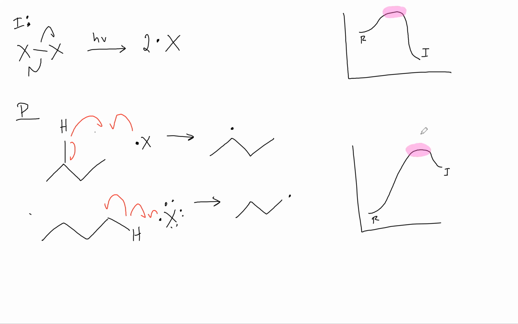So do you guys remember something we talked about a little bit earlier about how whenever we have a transition state, it's going to resemble whichever product or reactant it's closer to. We talked about this a little bit before, and I think it's called something like the Hammond postulate.